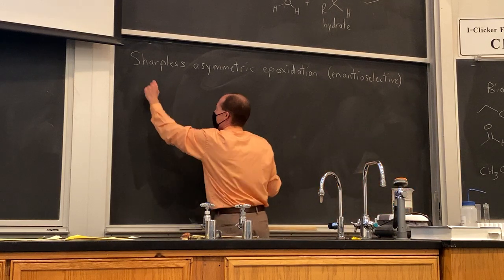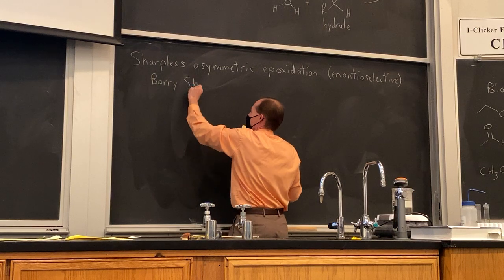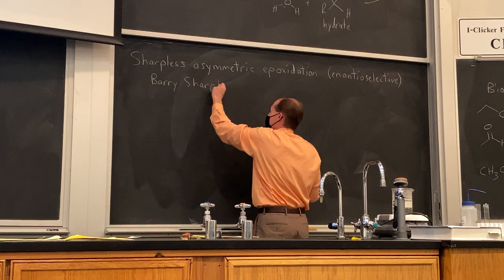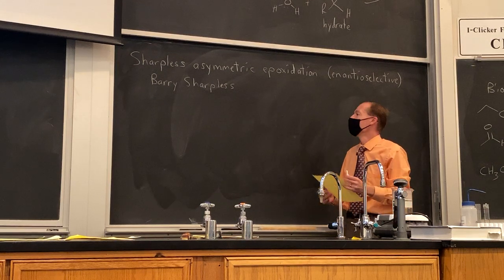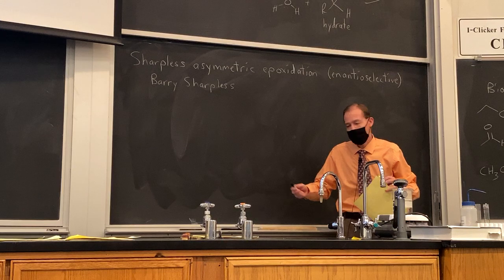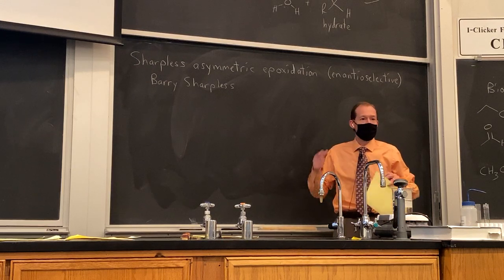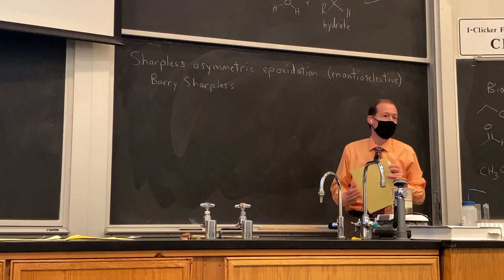This reaction is named after Professor Barry Sharpless. He still is actually a professor. He's in his 80s now, but he was at MIT, and then he was at Stanford, and then he was at Scripps in San Diego, where I got my PhD. And so I had a class from him.